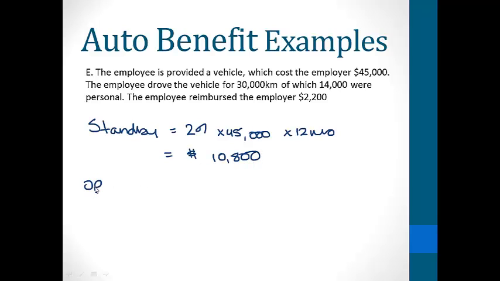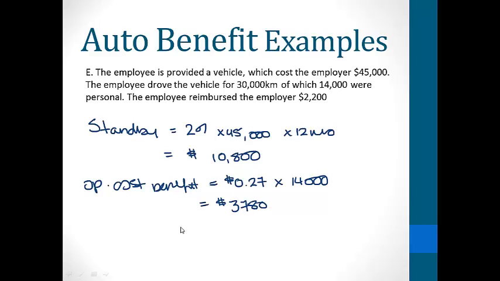And then we're going to do that operating cost benefit, which is 27 cents a kilometer times the personal kilometers. You'll notice in some examples you're going to be given the personal, like in this one. And so you don't need to subtract. And in other examples, you're going to have to take the total less the business you've been given.